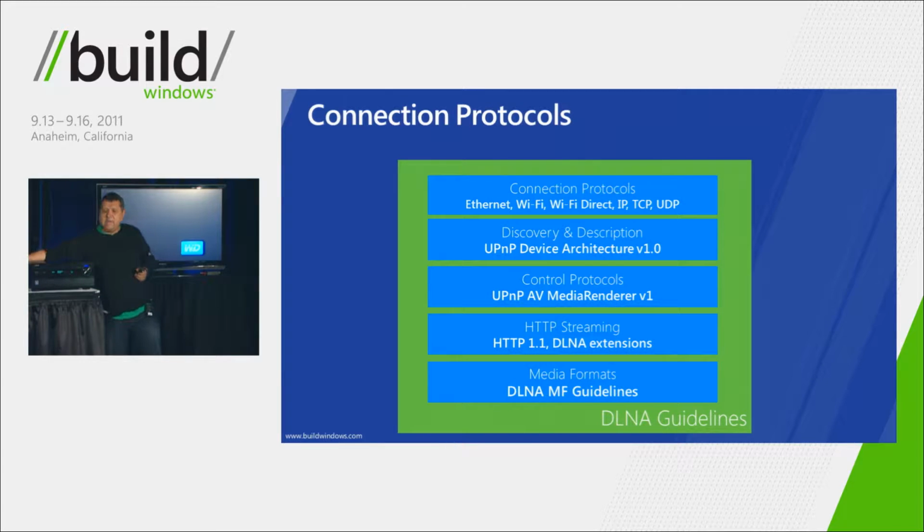So a Play 2 controller can query the TV and ask for the formats that the TV can play. So if you want to know about those identifiers, the standard that you have to go and read is called the DLNA Media Format Guidelines. Okay?